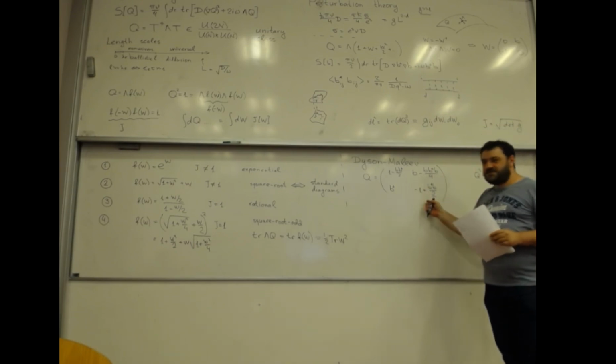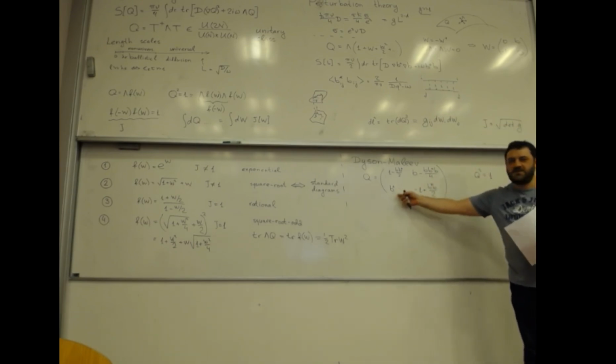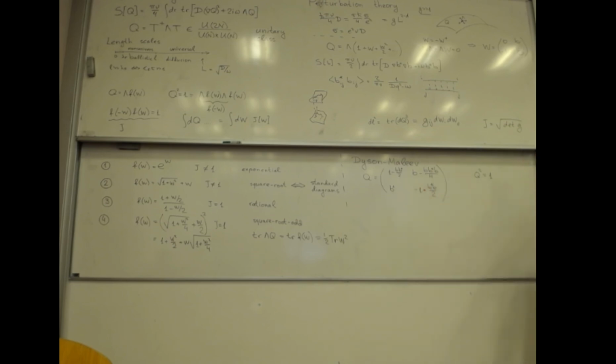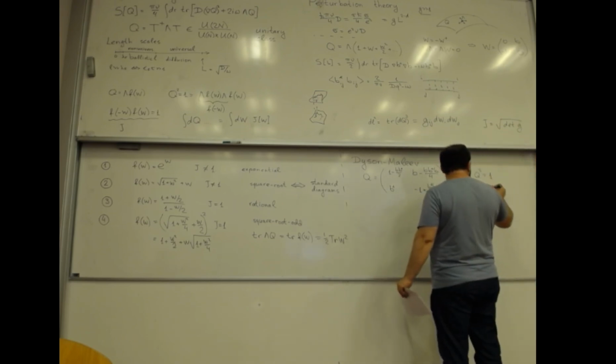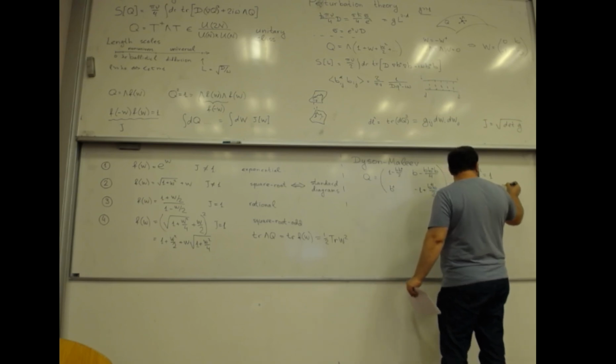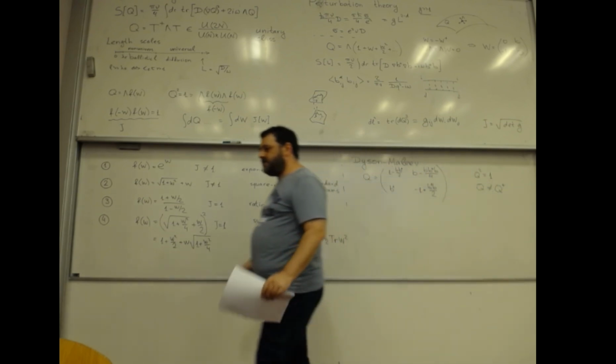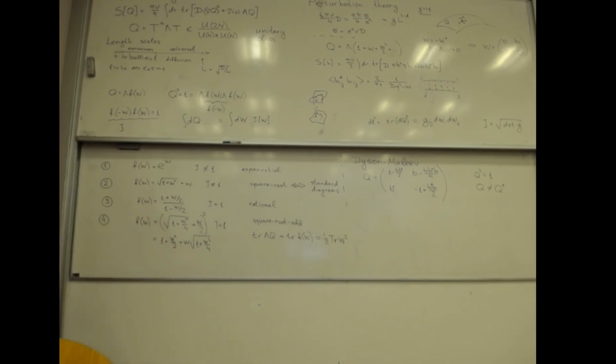And this matrix is explicitly non-Hermitian, it has two very different blocks. So Q squared is equal to 1, but Q is not equal to Q dagger.